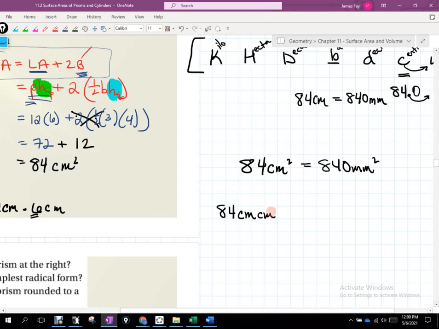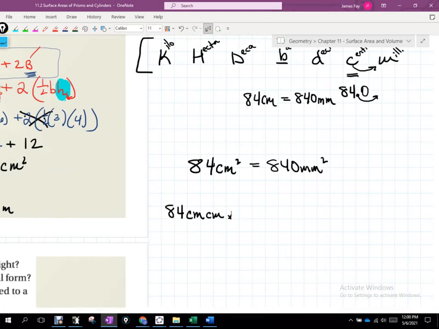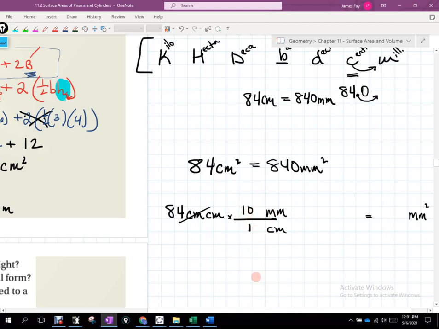Well, if I want to do conversions and get this into millimeters squared, what you need to do is get this centimeters to cancel with a centimeter. Does that make sense? There's a ratio that for every 1 centimeter, there are 10 millimeters.